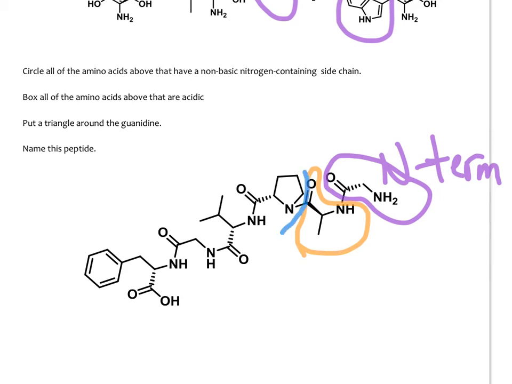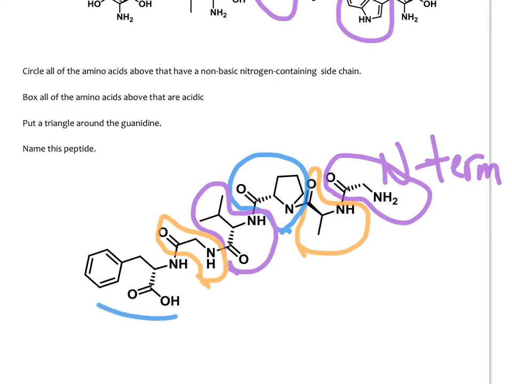This is proline, or comes from proline, rather. Okay. This comes from valine. Here we have another glycine. All right, and finally, something that comes from phenylalanine, or I guess we can include the nitrogen in there.